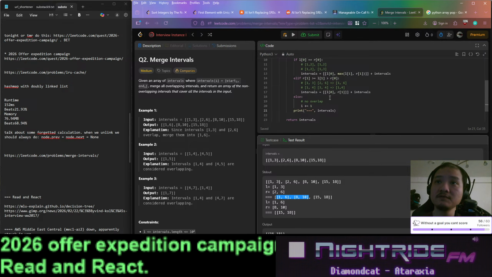Okay, so if there's no overlap, we forgot to insert them back. Right. So there's no overlap. We want to check this because there might be this one, then this one.